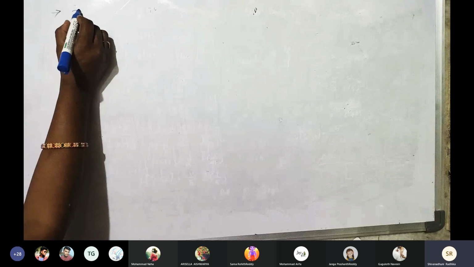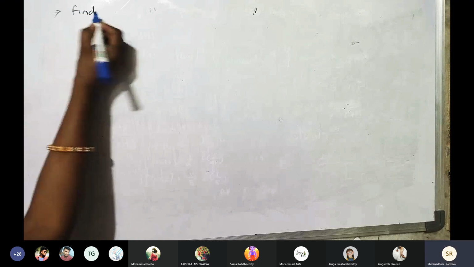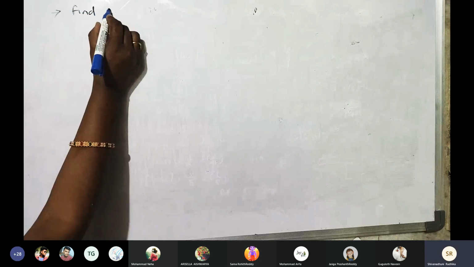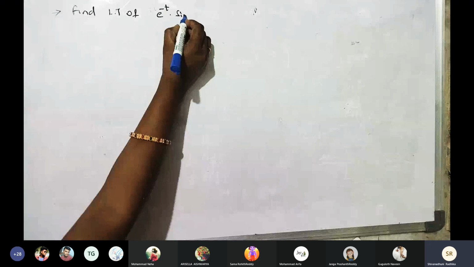Find the Laplace transform of e power minus t into sin 3t by the scale property.